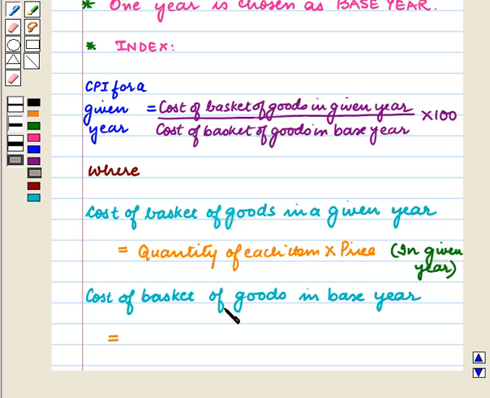Similarly, cost of basket of goods in base year is also calculated by multiplying the quantity of each item by its price given in the base year and then adding them together.